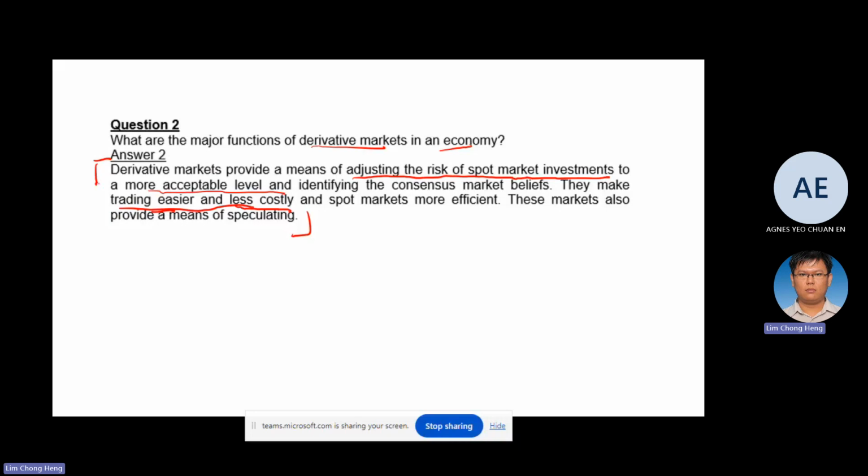If on the spot market you already bought 25 metric ton and the price drops, how do you sell to other people? But in the derivative market, it is very easy to open another contract. You buy one contract, then you enter another contract to sell. In the end, that will offset, so you close your position. So it is very easy to trade and less cost.